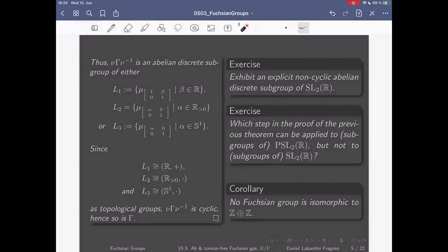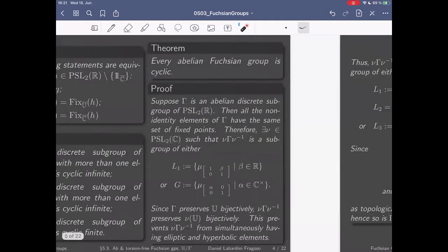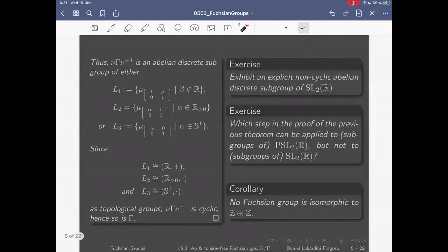And then there are two exercises here. The first is to exhibit an explicit non-cyclic abelian discrete subgroup of SL2R. So the previous theorem was about discrete subgroups of PSL2R, and this should not work in SL2R.